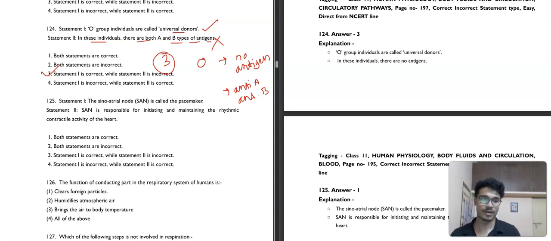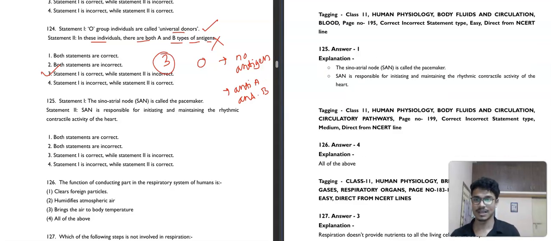Then question number 125. It is saying that the sinoatrial or SA node is called the pacemaker, correct. Why is it called the pacemaker? Second statement: SA node is responsible for initiating and maintaining the rhythmic contractile activity of the heart. It is also correct. I will tell a concept here which our teacher told during my NEET preparation. Suppose this is our heart.